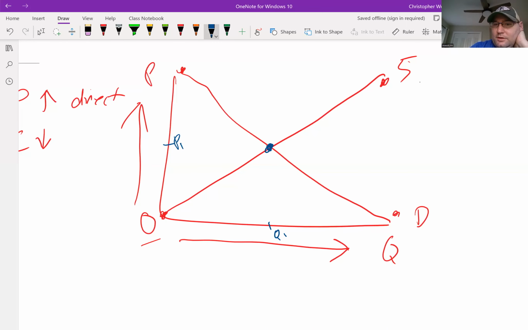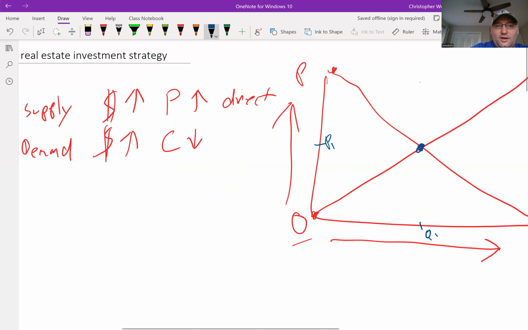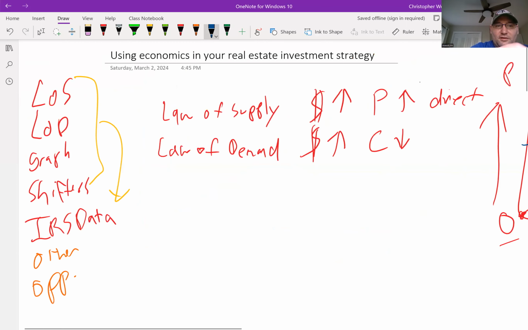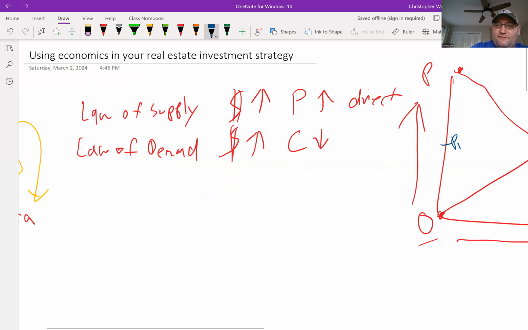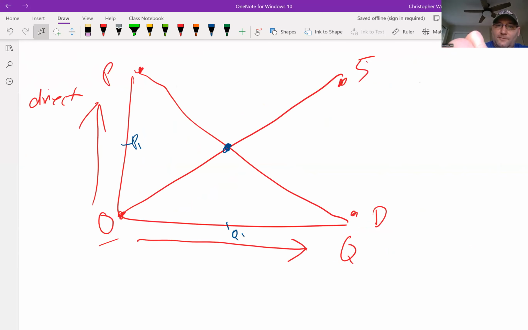So when we take a look at what we talked about so far, I've done these three items. Now we're going to talk about shifters. And what shifters do is sometimes these supply and demand curves can shift from zero. So for example, Airbnb, right? You used to get a ton of profits on Airbnbs.